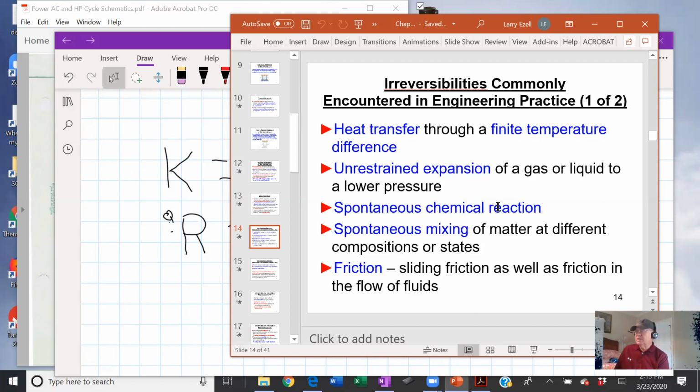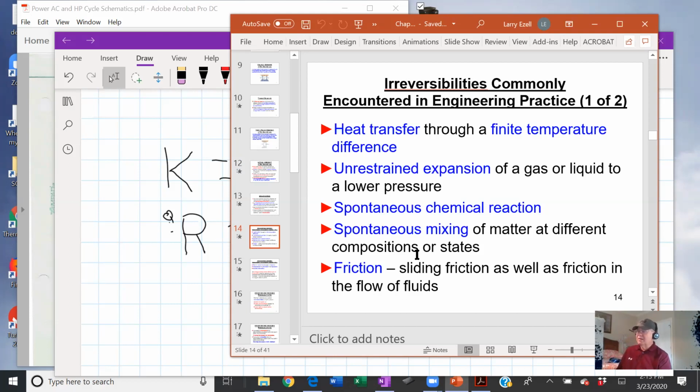Spontaneous chemical reaction, that's an irreversible process. That's like the genie in the bottle. Once the genie gets out of the bottle, she's hard to get back in there, right? Spontaneous mixing of matter at different compositions of states, we won't get into that very much.